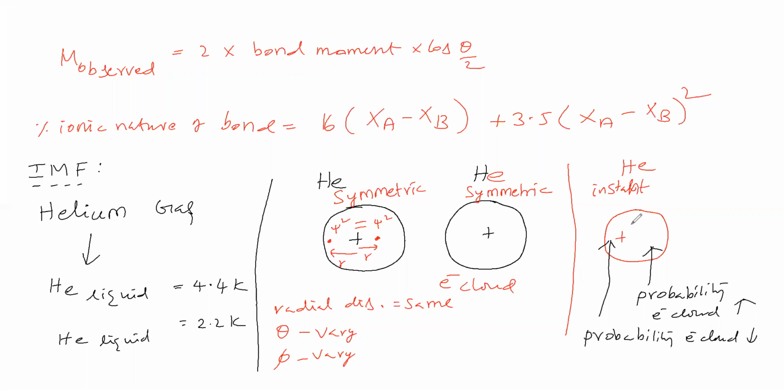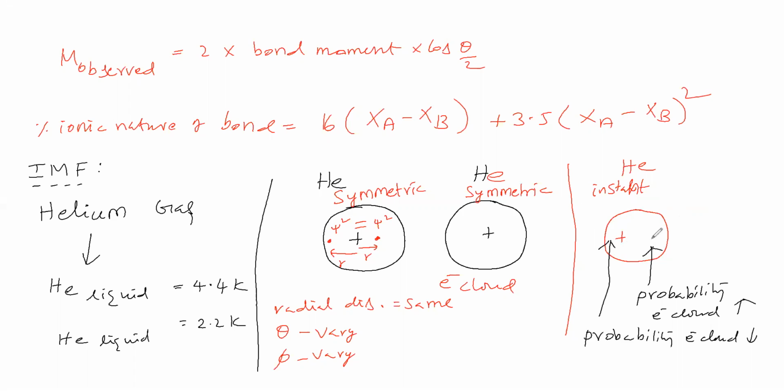Therefore we can consider that this symmetric electron cloud gets distorted here, so this side has a high probability of electron cloud and this side has a lower probability. This is only temporary, and it need not be constant.